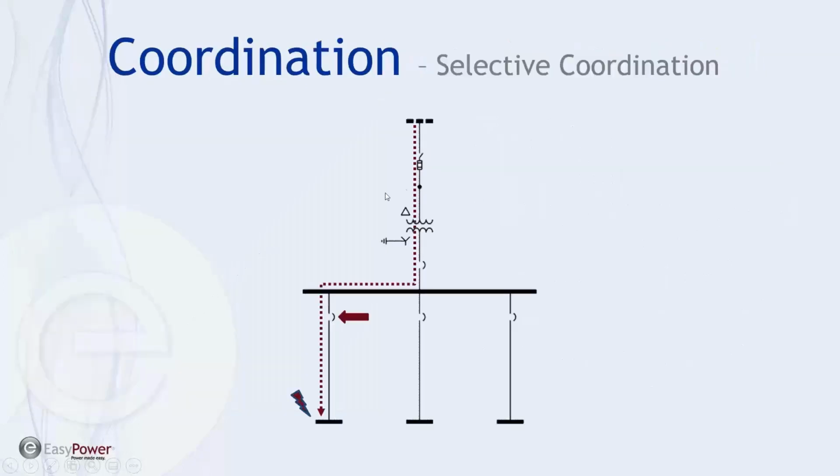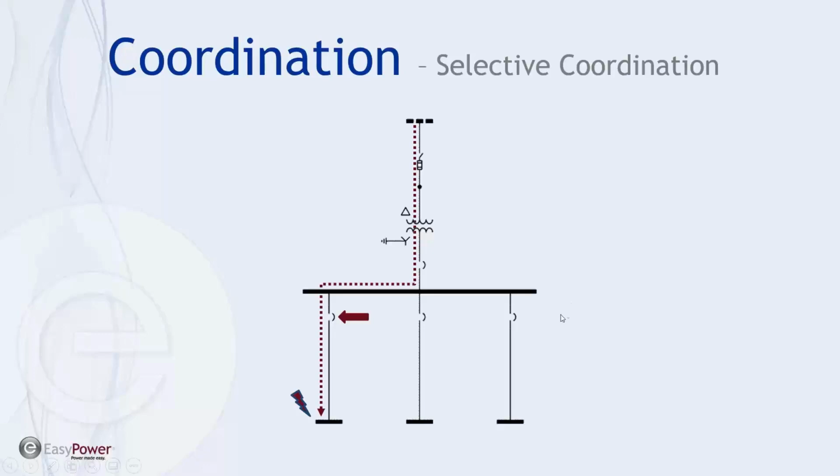Now, we all agreed that coordination, selective coordination, is the process of trying to make sure that the first upstream protective device from the fault will trip prior to or before any protective devices further upstream. And so the process of doing that, as I mentioned, potentially could interfere with the calculations for arc flash, because as a result, we have to use a slower device upstream.